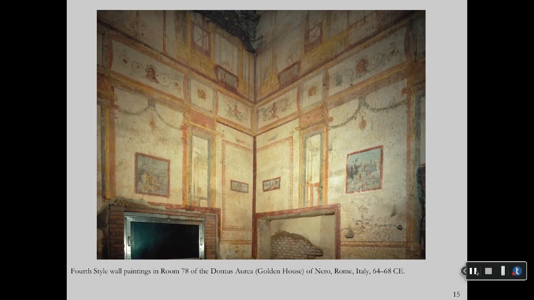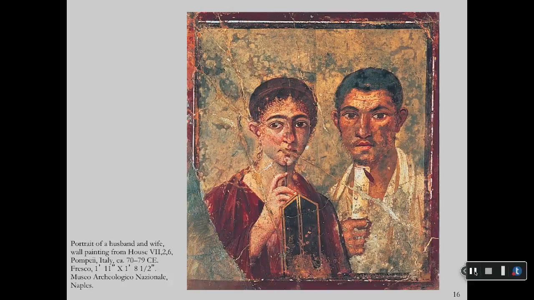Fourth-style wall paintings in the Domus Aurea, or the Golden House of Nero in Rome. The portrait of a husband and wife in fresco is most likely a marriage portrait.